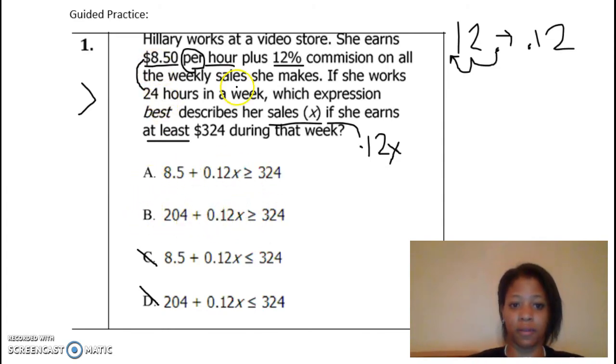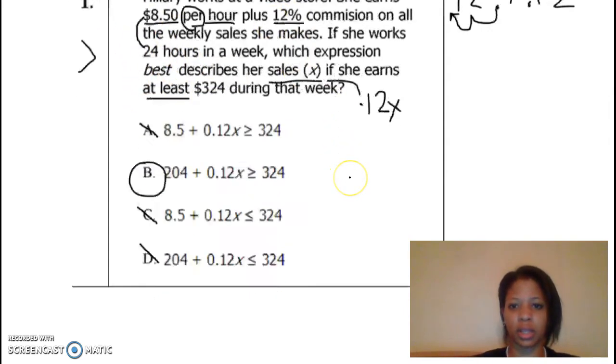And I know that my 850 is going to need to be multiplied by 24, so it's not going to still be 8.5. So let's double check what 850 times 24 is. I'm just going to plug it into my calculator. And yep, it's 204. So I'm just double checking to make sure this is my right answer. We really didn't have to do too much work here, honestly. We're looking at our sign and then just paying attention to what the problem is really telling us, okay?